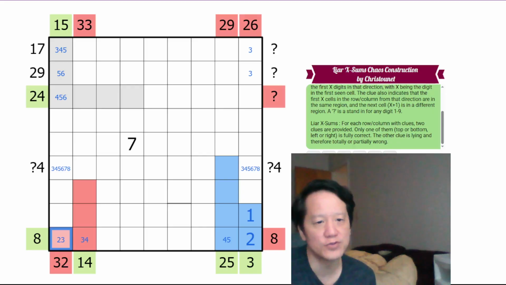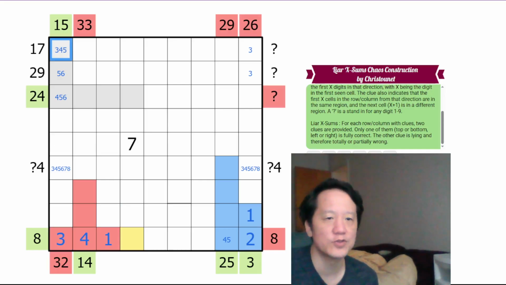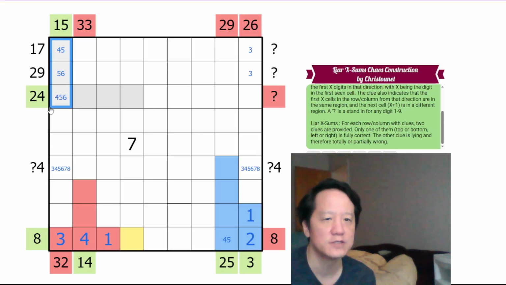So this must be 3, which makes this 4 and 1. So that's part of the same region. So then this would be red. This would have to be yellow. This could not be 3. Interesting. One of these is invalid. So 4 going down.